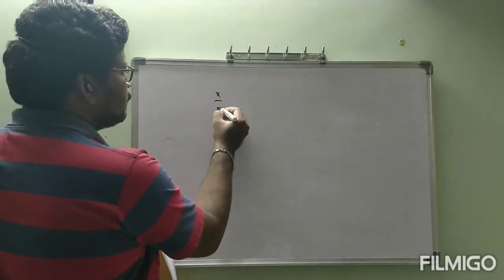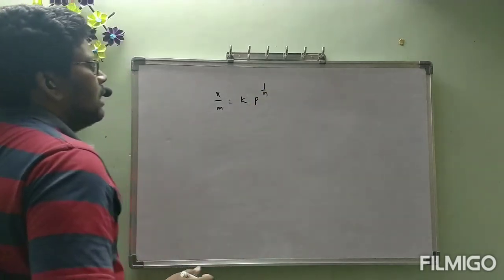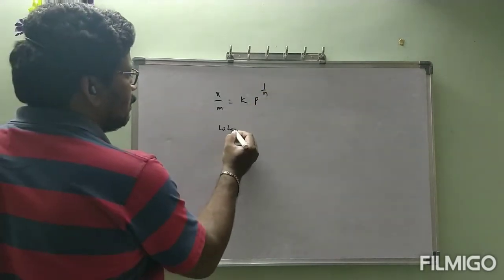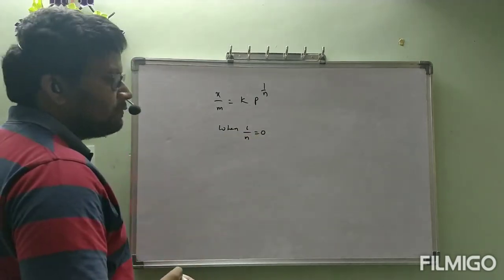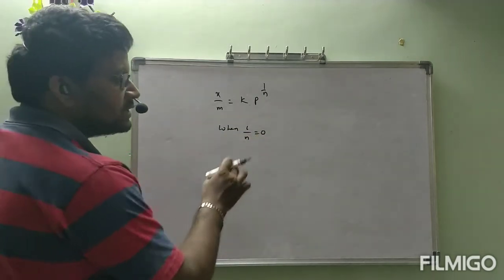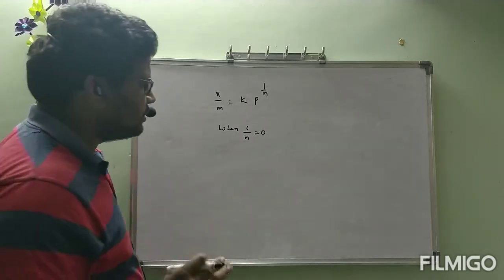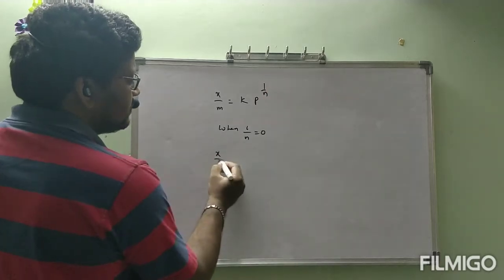See, x by m is equal to k into p power 1 by n. When 1 by n is equal to 0, that is when n is equal to infinity. When n is equal to infinity, 1 by infinity is equal to 0. Then p power 0 is 1. x by m is equal to constant.